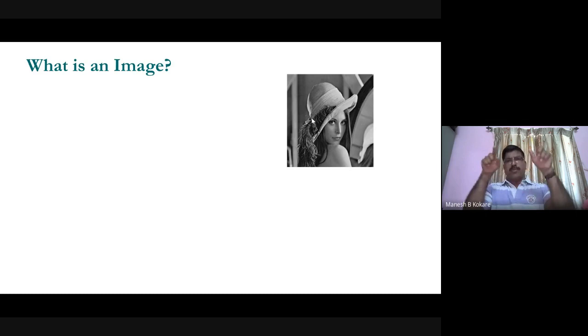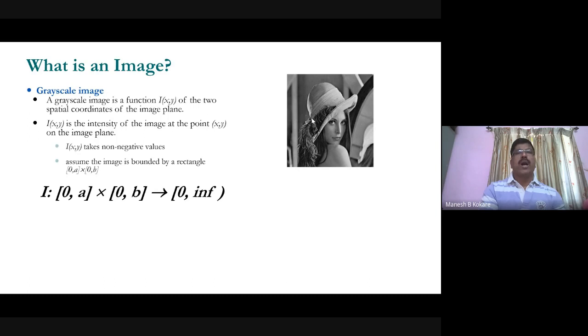The intersection of this x coordinate and y coordinate is called the pixel coordinate, and on this pixel coordinate, the intensity which is reflected back is recorded on the image. This intensity value I is a function of x and y. So I depends upon the x coordinate and the y coordinate. Basically x and y are independent variables in the image, whereas I is the dependent variable.